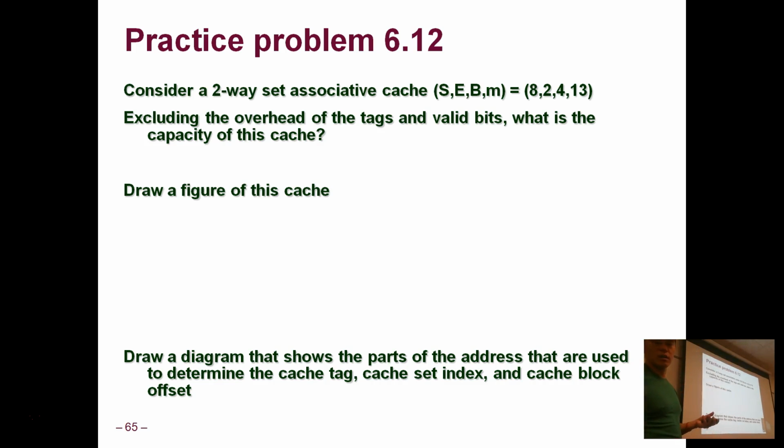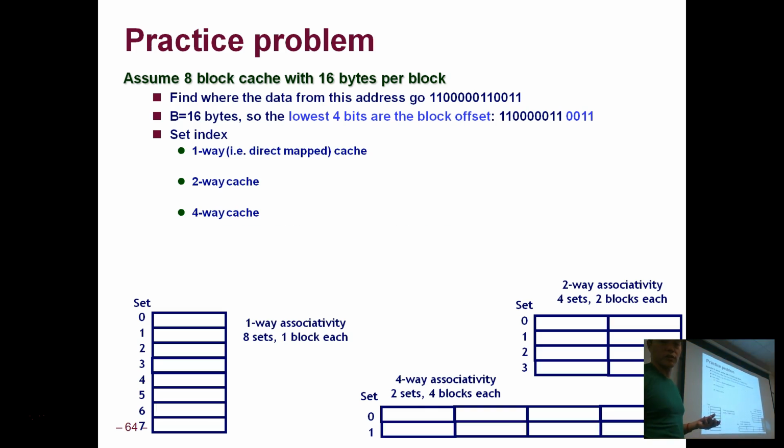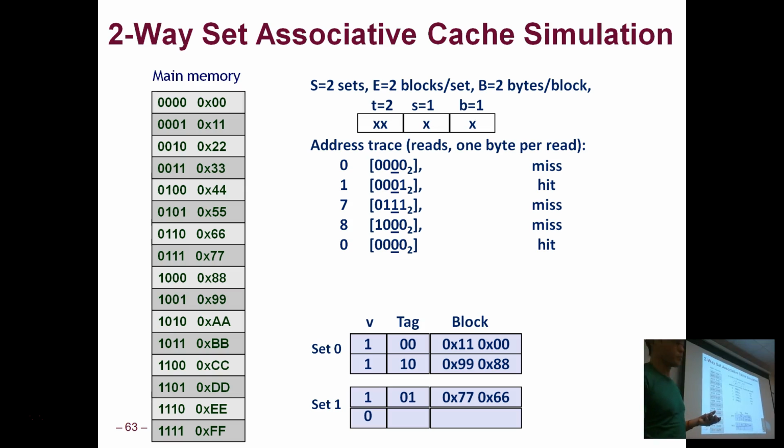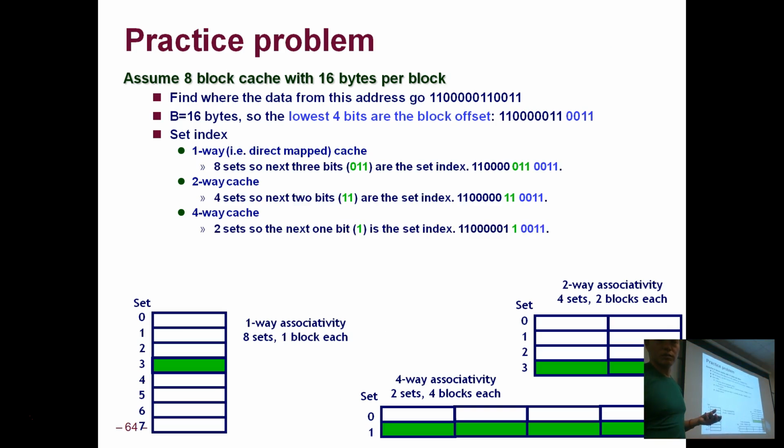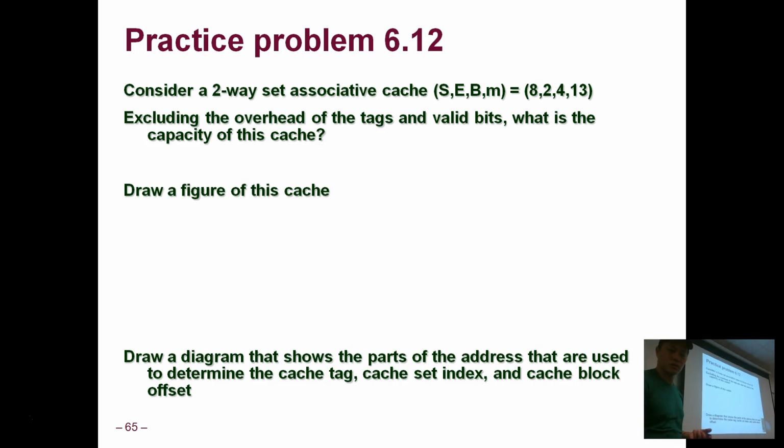So recreating this figure up here is what this question is asking you to do, just to give you practice. All right, so S times E times B is the capacity of your cache, 64 bytes.